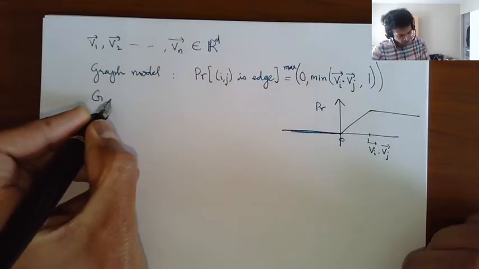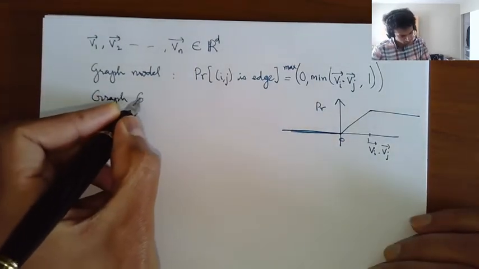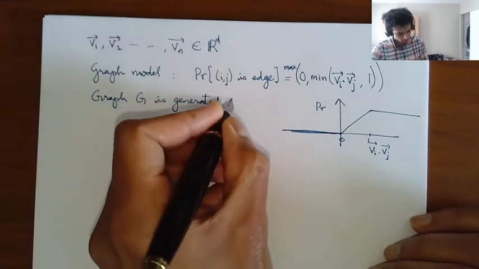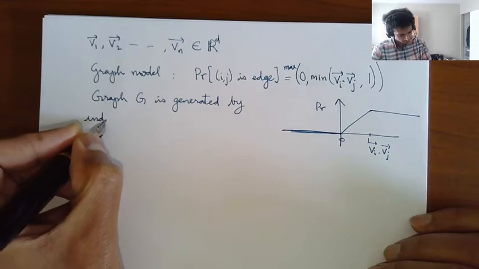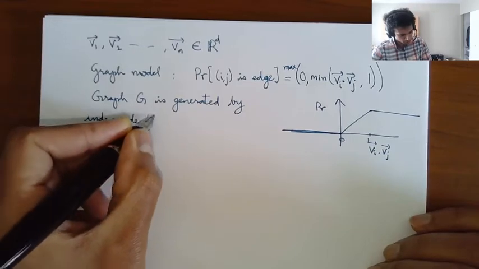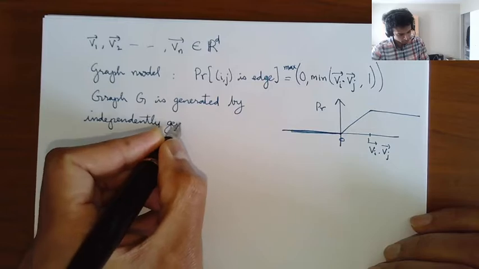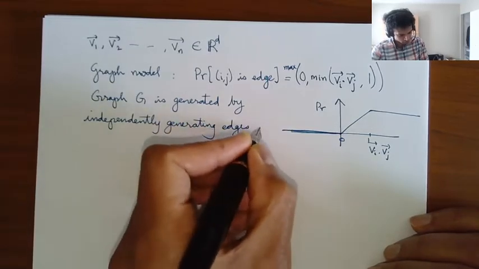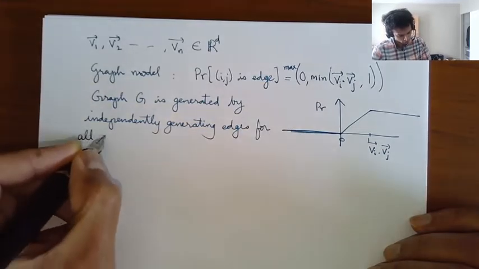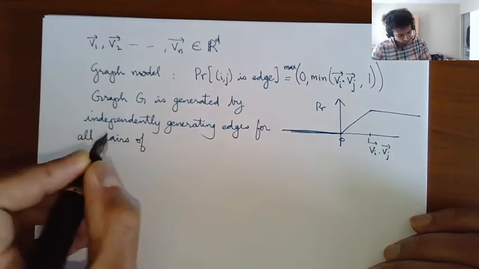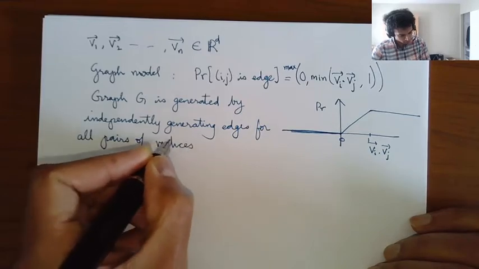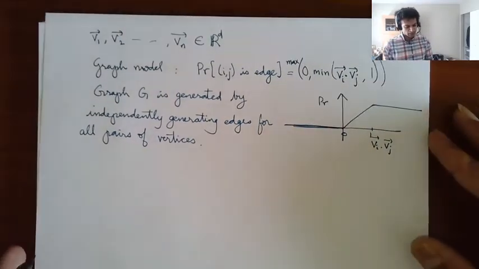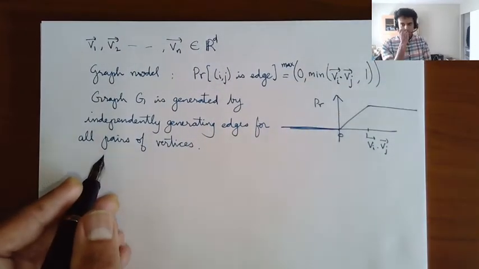And then the graph G is generated by independently generating edges for all pairs of vertices. Now, a minor comment that you might have is that this seems potentially too expensive.